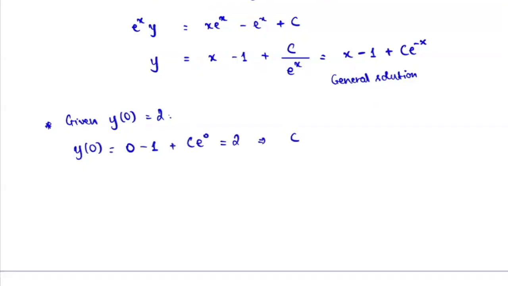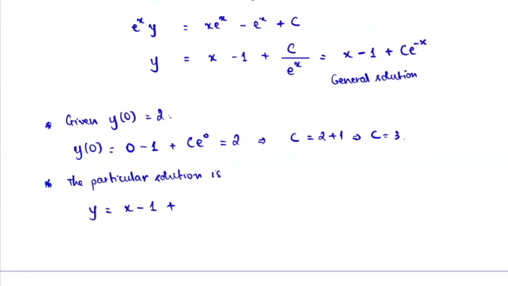Then C equals 2 plus 1, so C is equal to 3. So the particular solution is y equal to x minus 1 plus 3 times e to the negative x.